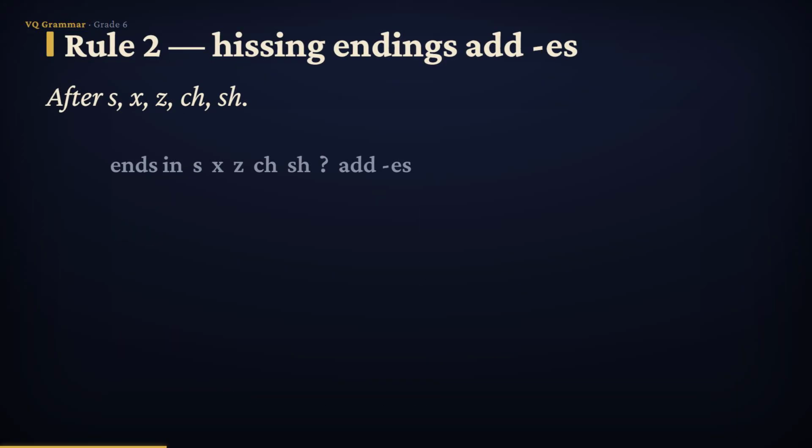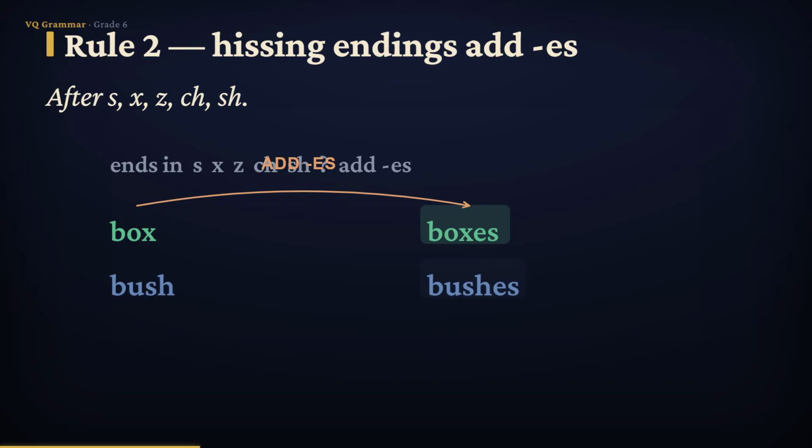Rule 2 is about hissing sounds. When a noun ends in S, X, Z, CH, or SH, adding just an S would be hard to say, so we add ES instead. Listen. Box ends in X, so it becomes boxes.